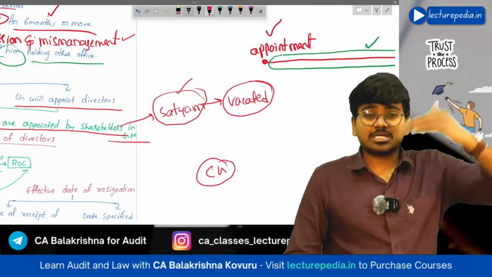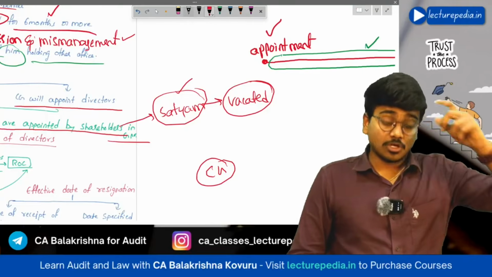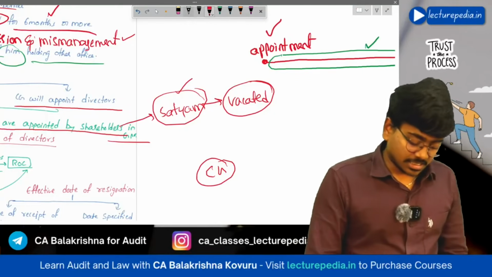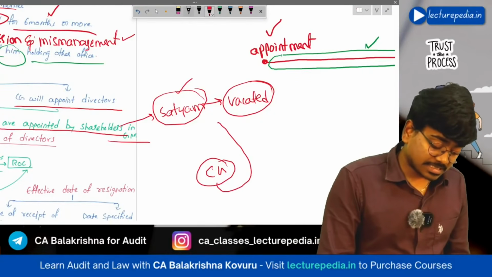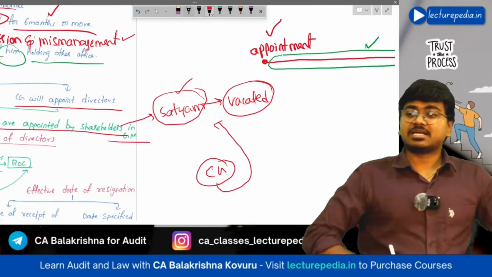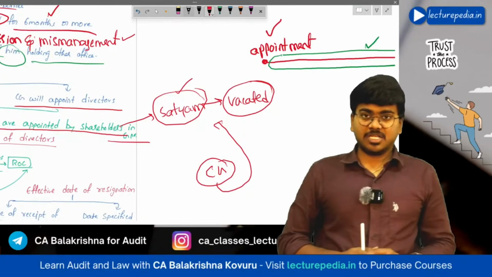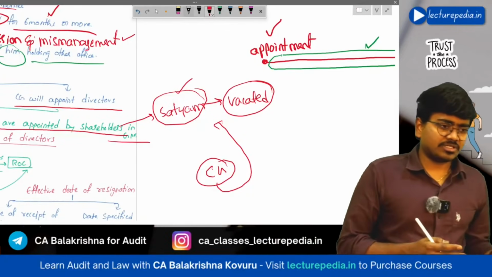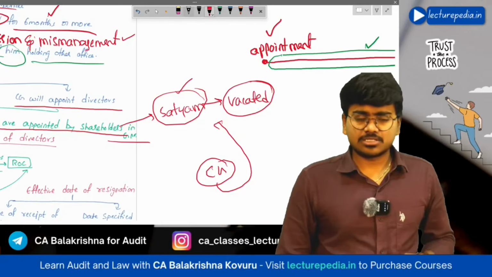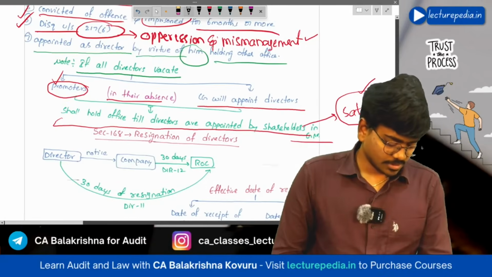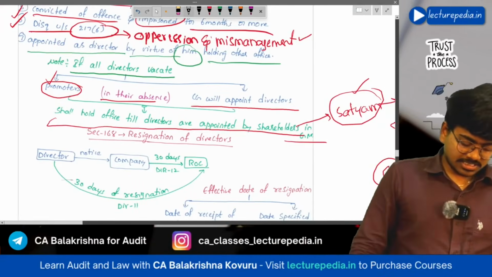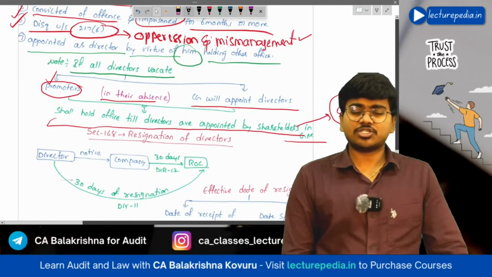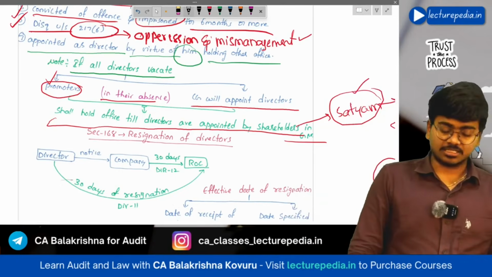In fact, the promoters were the ones involved in the fraud. Then the central government came and appointed directors to Satyam. They held office in Satyam for around 180 days or so. So that was section number 167, vacation of office of director.